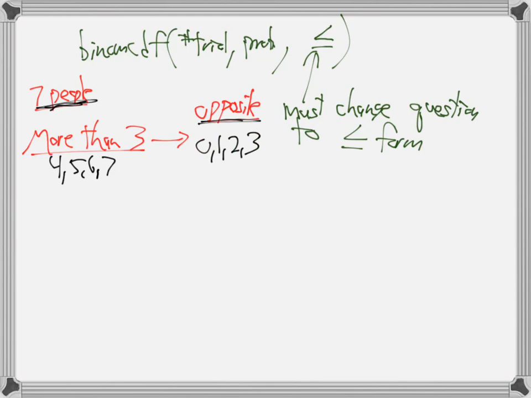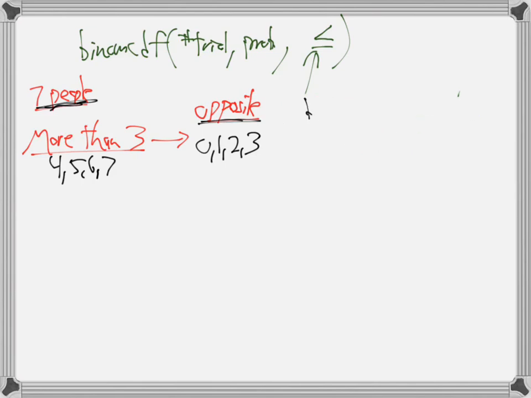And so what am I going to stick in my binom CDF? The number here has to be less than or equal to what? Less than or equal to 3, isn't it? Isn't 0, 1, 2, and 3 less than or equal to 3?